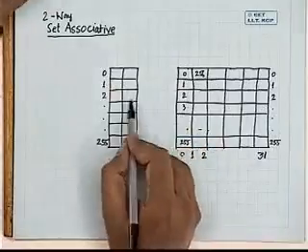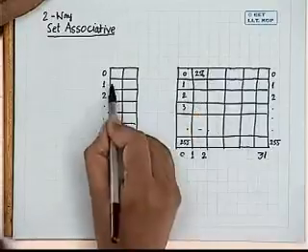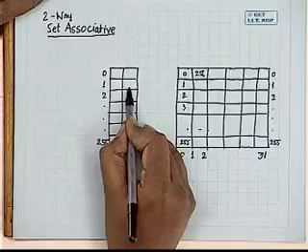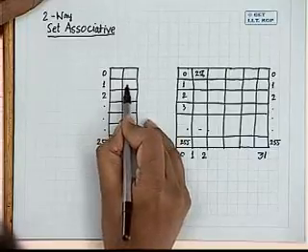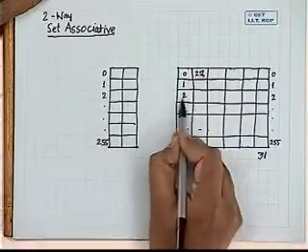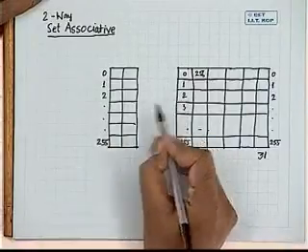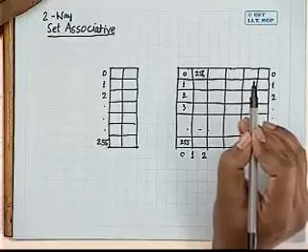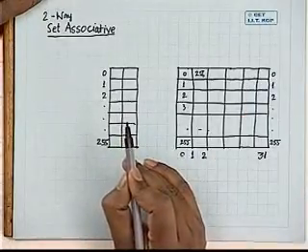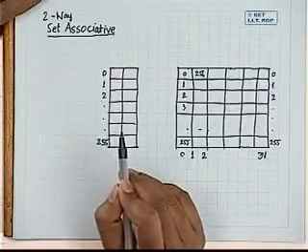In this case, set associative cache memory, because a block can be in either of these two cache lines, I have to compare the tag fields corresponding to both the cache lines simultaneously with the tag field of the address that is generated. That means in this particular case, I need two comparators to achieve parallel comparison.